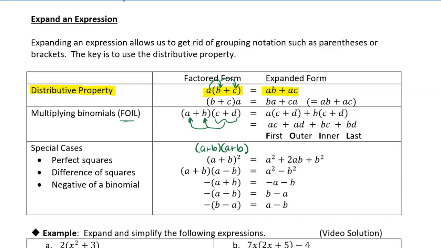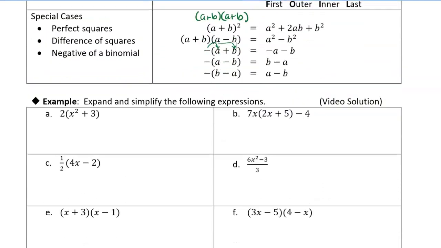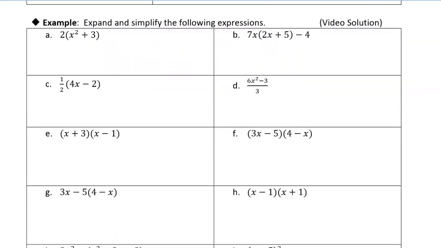In the same way with the difference of two squares, the nice thing is that the outer and the inner terms, when you FOIL it, end up canceling each other out, and so you get this difference of two squares. If we have a negative of a binomial, again, we're just distributing that negative. You can think of that negative as being times a -1, and so we're just distributing it, and that's it. So these are all really just special cases of the distributive property.